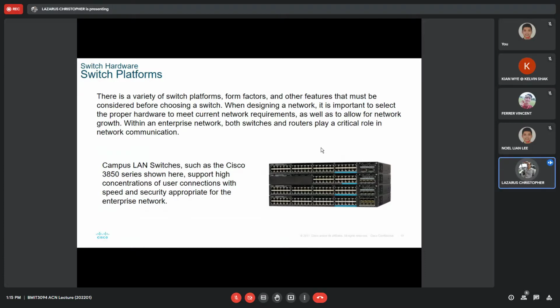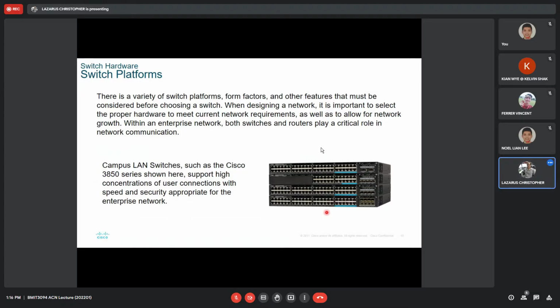The example provided here is the Cisco 3850 series. That means a series of models, which they keep upgrading, probably the hardware. But the longevity of a Cisco switch is quite good. Apart from changing certain things, normally the model is quite stable.